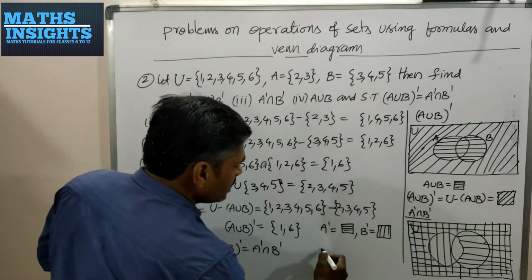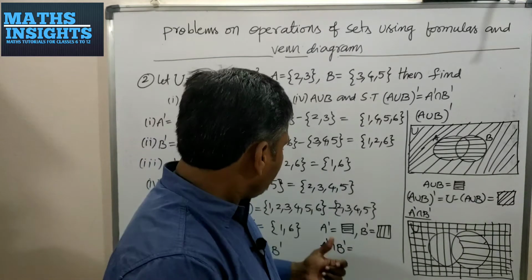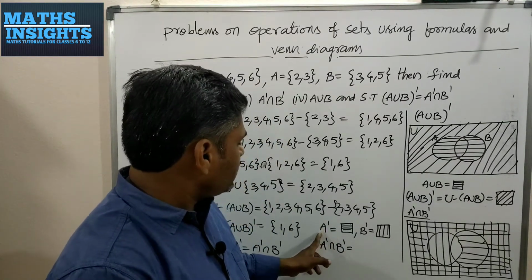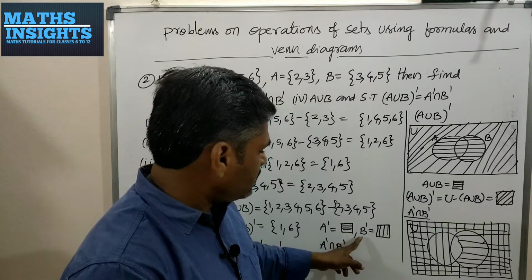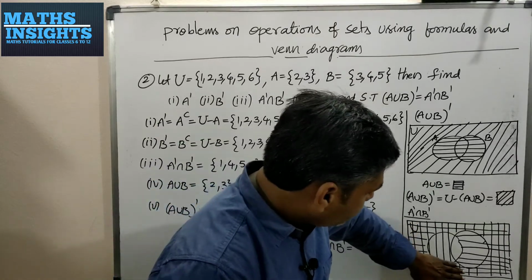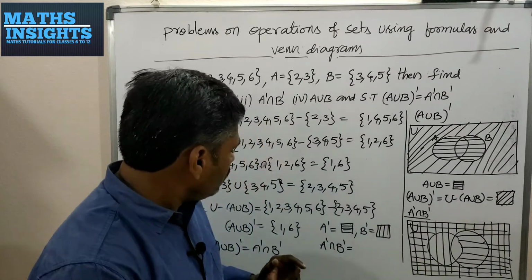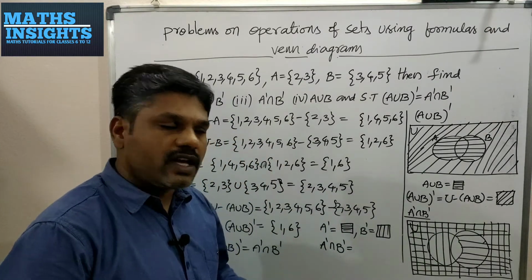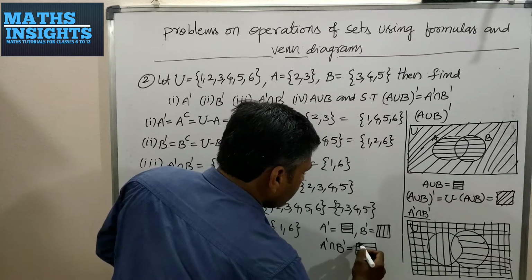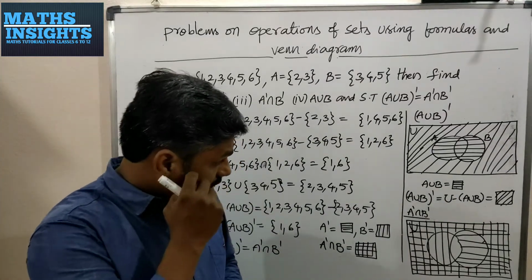Now what they are asking, A dash intersection B dash. Intersection is nothing but the common part of both A dash and B dash. See, I am representing A dash with horizontal lines, B dash with vertical lines. Then if you observe the common area, this is the area. Except these two, this is the area which is common to both A dash and B dash. Therefore, I will show the area A dash intersection B dash with both vertical and horizontal lines.